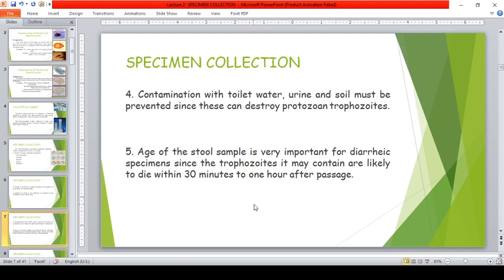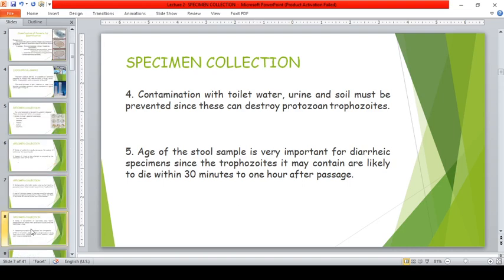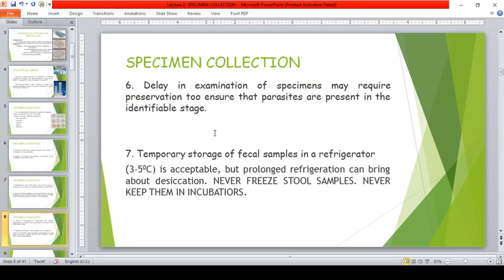So, yung mga trophozoites talaga ang medyo problema in specimen handling and transport, as well as in examination. Mas madali silang masira as compared kay cyst. Delay in examination of specimen may require preservation to ensure that parasites are present in the identifiable stage.